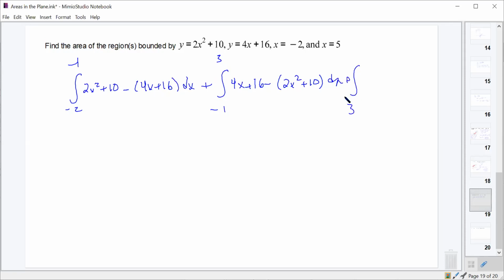And we'd add to that 3 to 5, once again, of the parabola minus the line. Conceptually good?